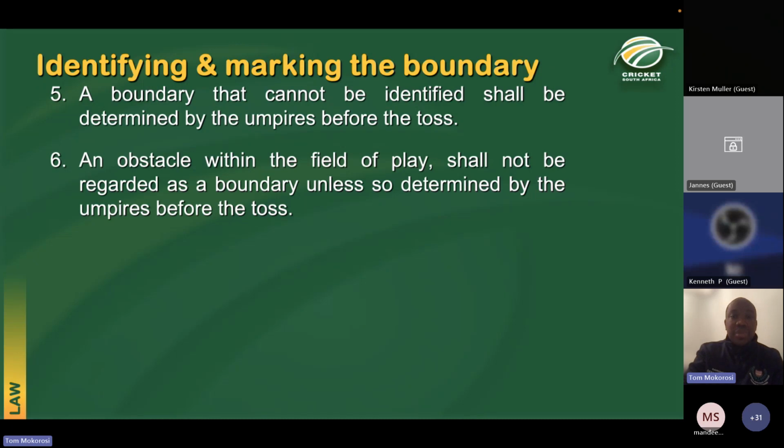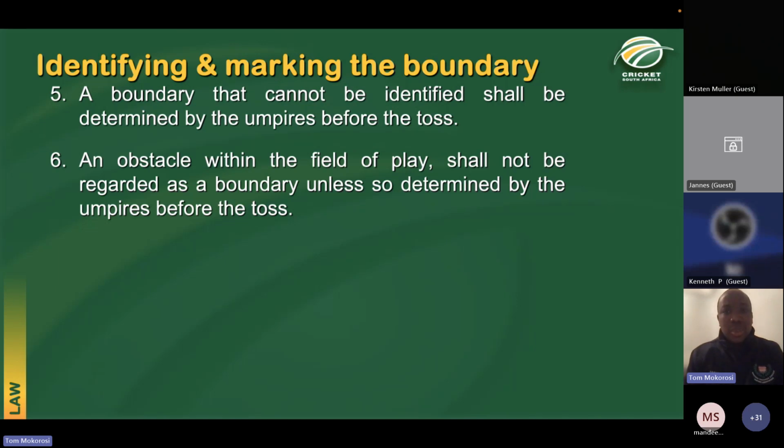A boundary that cannot be identified shall be determined by the umpires before the toss. So you do often find that a rope, for example, is at the ground, but over the years, that rope has been chewed up by dogs or whatever the case might be, and there's a 15-meter gap in the boundary where there is no rope.